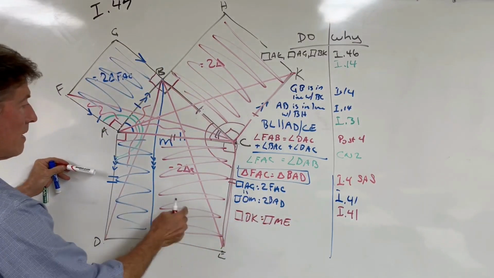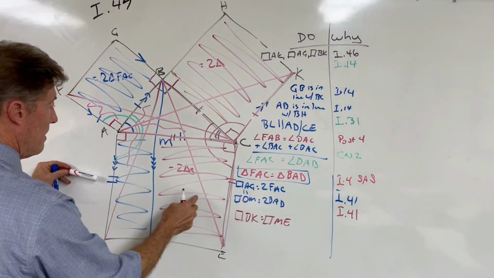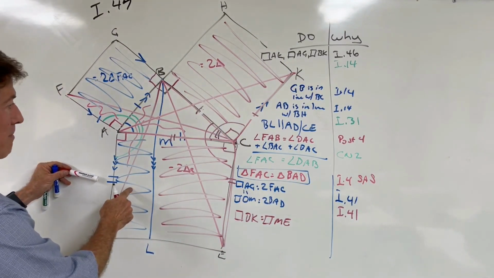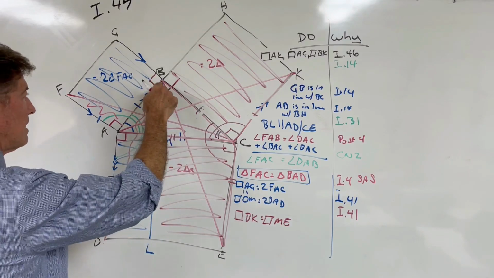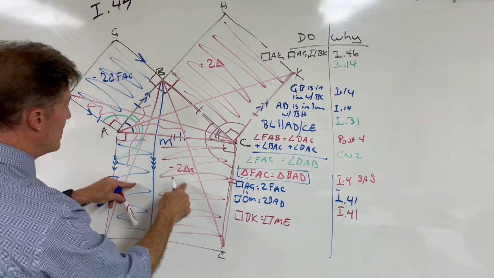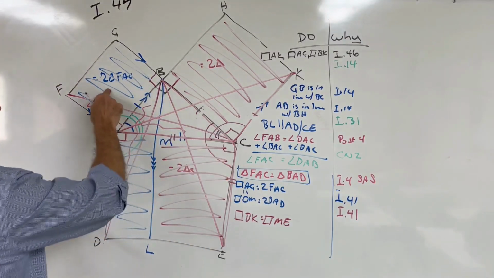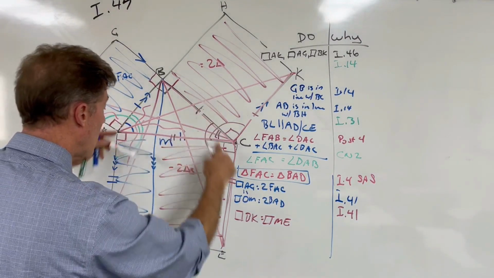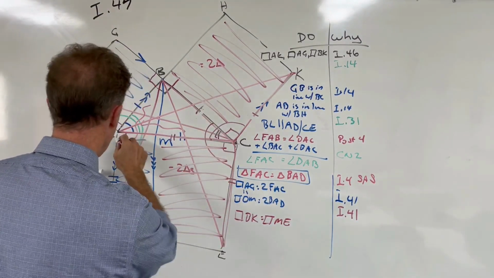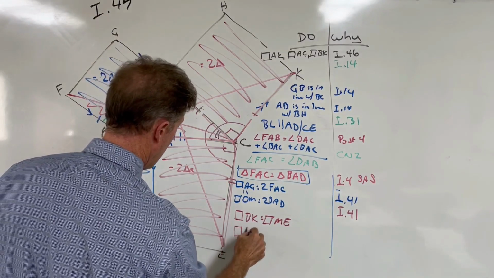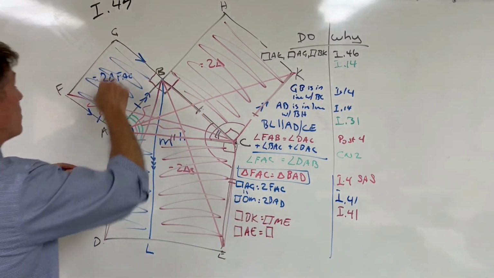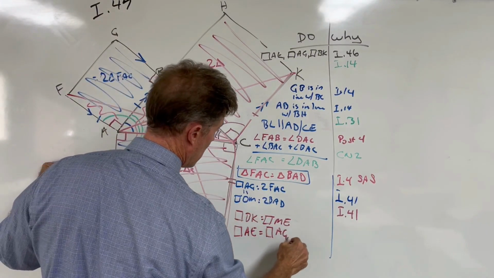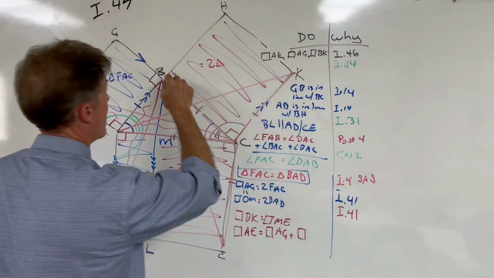But ME and DM are equal to the square on the side subtending the right angle. And these two taken together make this square, but this part is equal to this and this part is equal to this. Therefore, this whole figure, square AE, is equal to square AG plus the square BK.